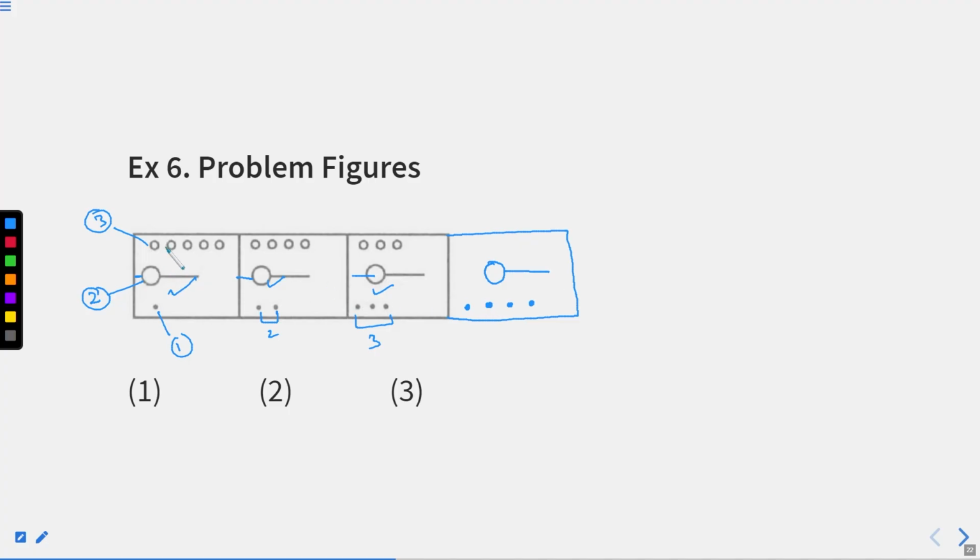Now we'll check the third figure, the small circles, right? How many circles are there? Initially 5 circles are there. Now we have 4 circles. Now we have 3 circles. Then we are going to be left with only 2 circles. Now we just need to check whether this figure is available in the alternate options that we have.